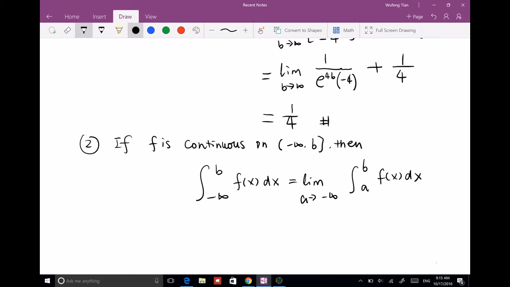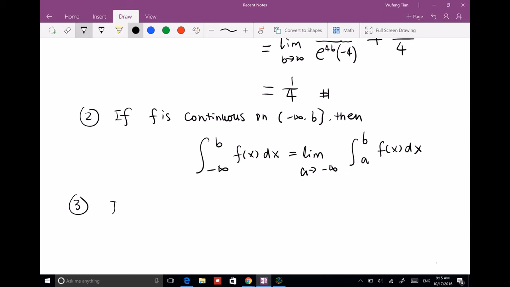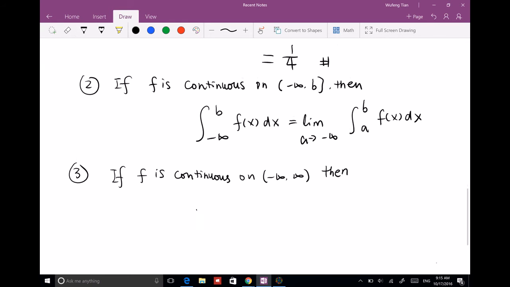Okay. Number 3. If f is continuous on negative infinity to positive infinity. So now both the upper and lower boundary are infinity. Okay. Then you have negative infinity to positive infinity.